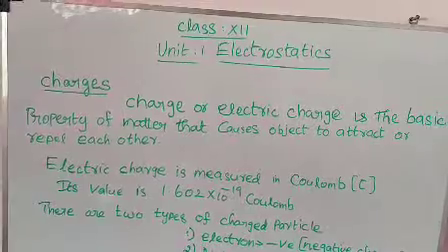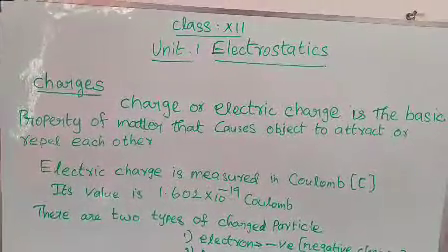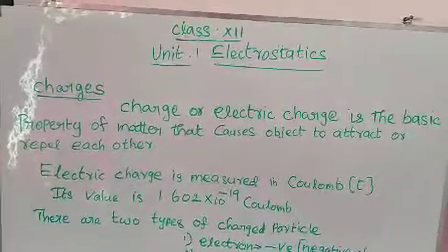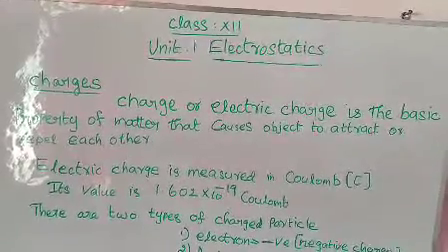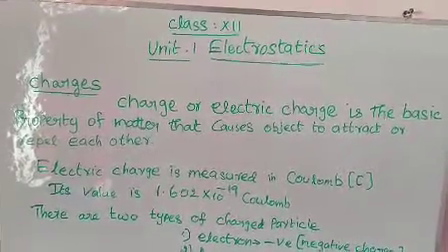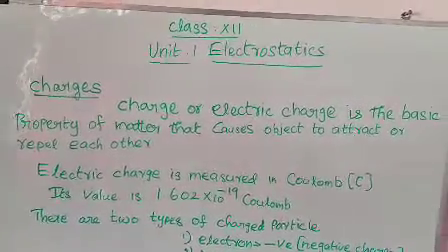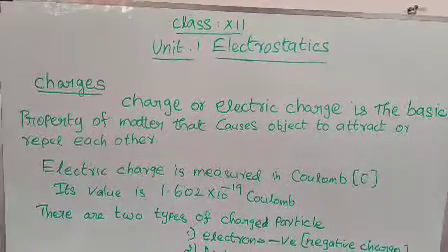Atom is made up of electron, proton, neutron. The center of the atom is called the nucleus, which is made up of protons and neutrons. In between the protons and the neutrons, some attraction force acts; that force is called nuclear force.